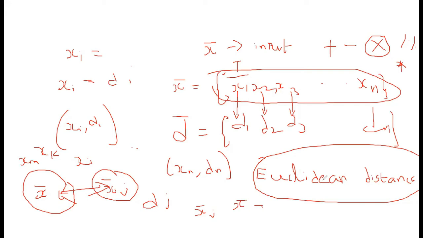So when we find the Euclidean distance, for xj to be closest, we say that for x bar t the output is dj.